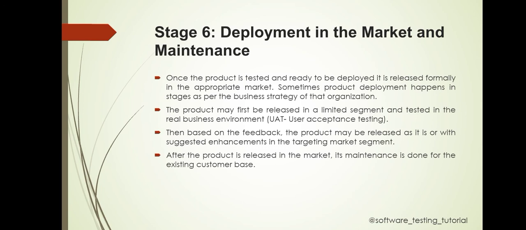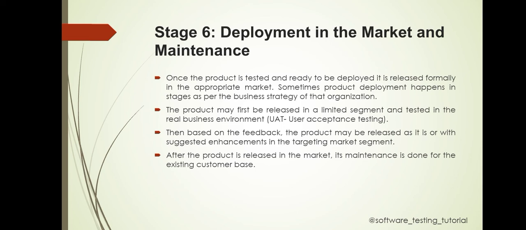Stage 6. Deployment in the market and the maintenance. Once a product is tested and ready to deploy, it is released formally in the appropriate market. Sometimes product deployment happens in stages as per the business strategy of that organization.